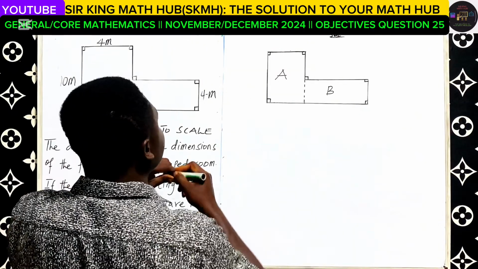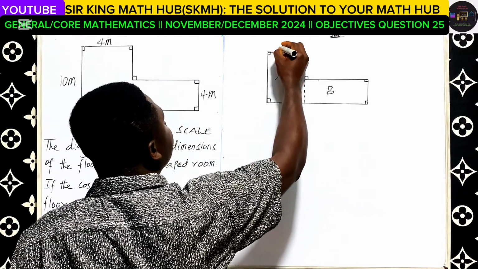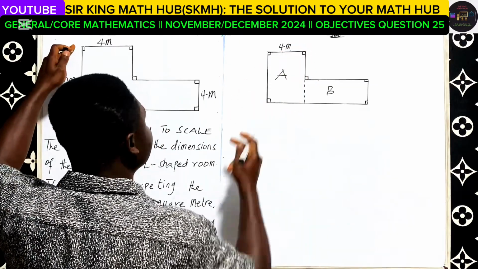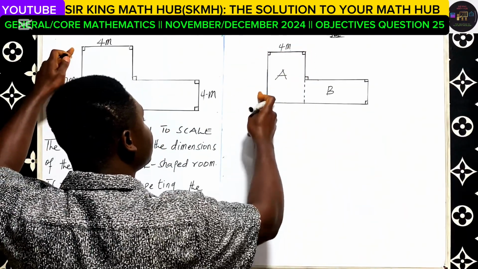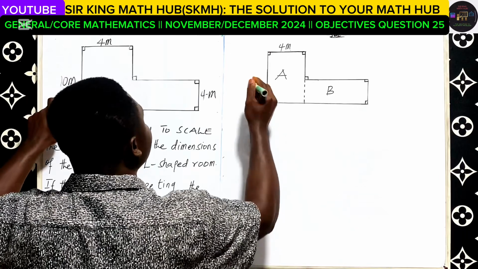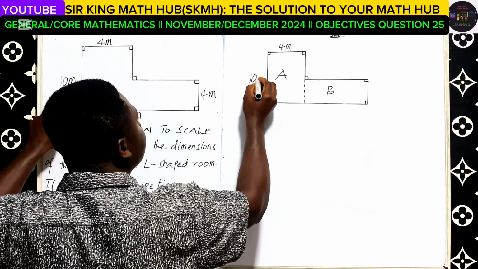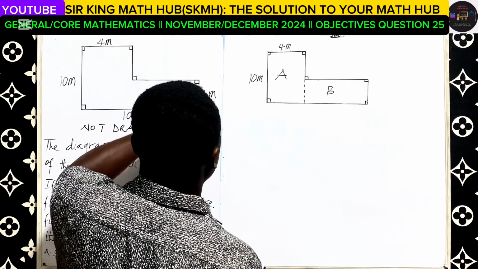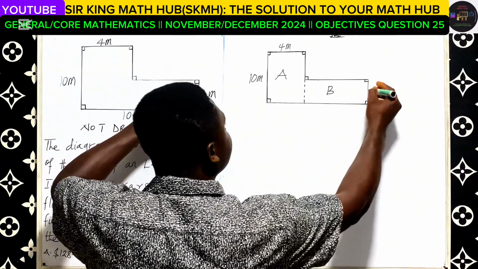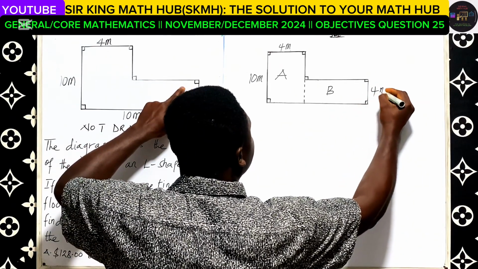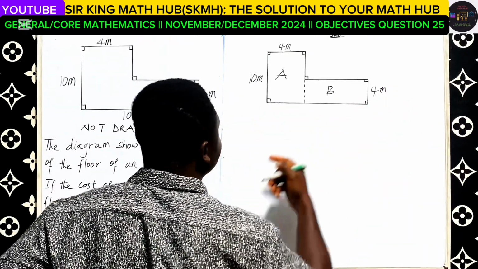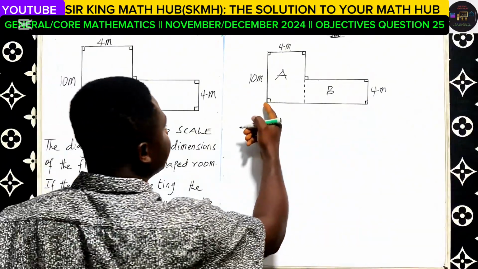The length here measures 4 meters. The vertical length here, 10 meters. This length, 4 meters. And the entire length here measures 10 meters.